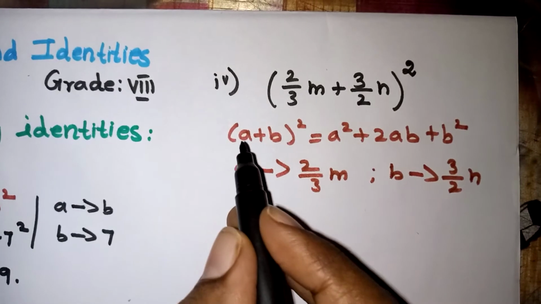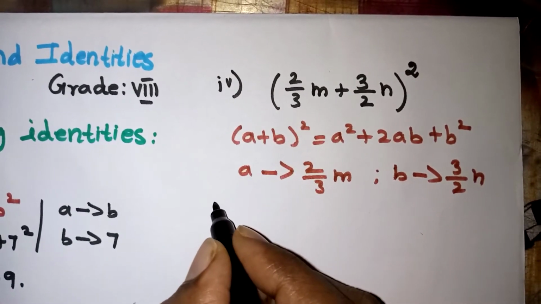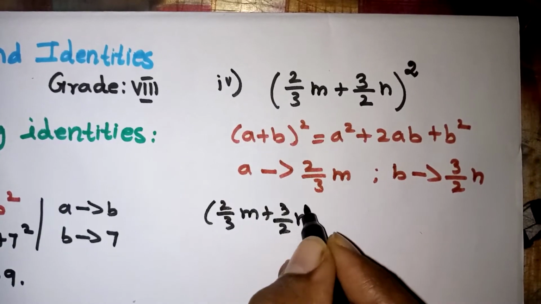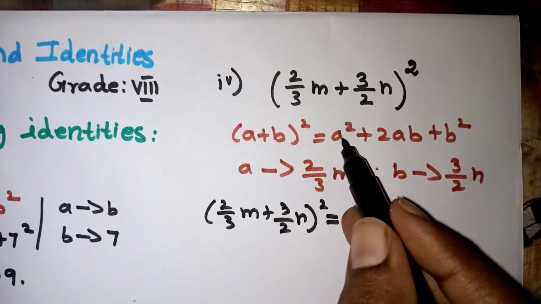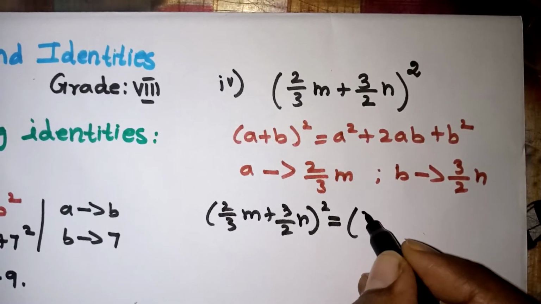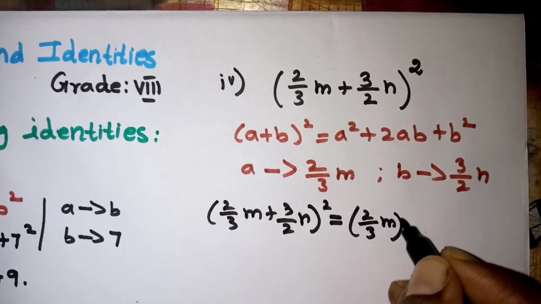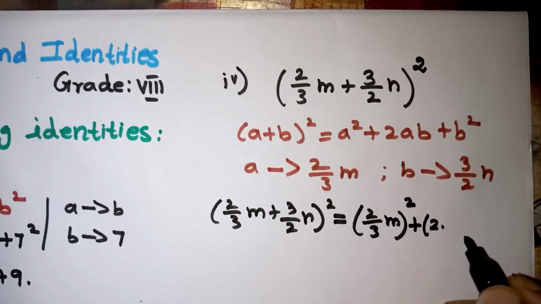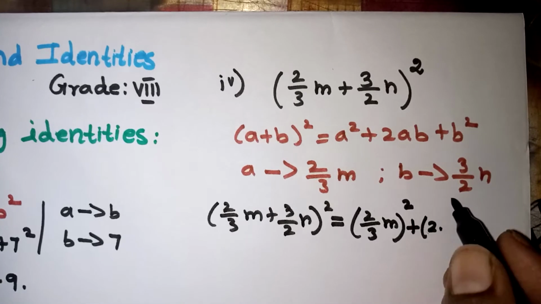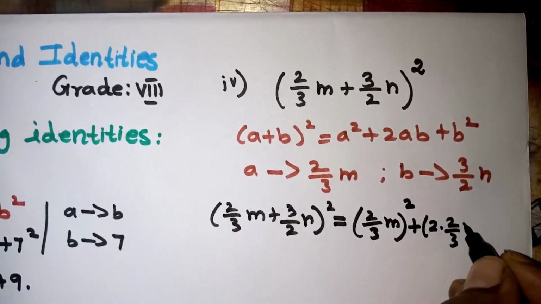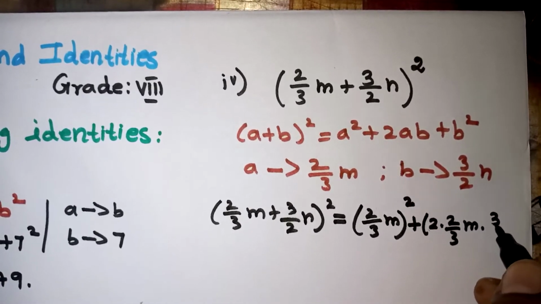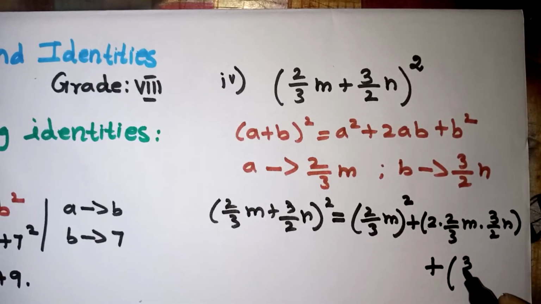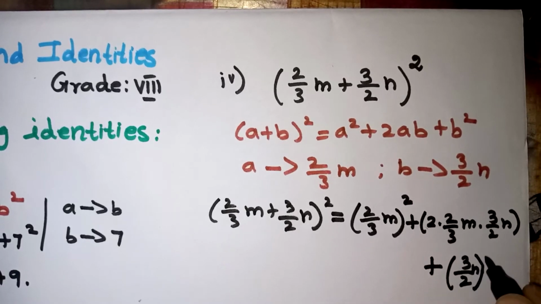In the place of a plus b we have 2 by 3m plus 3 by 2n the whole square equals, first a squared. Here a is (2 by 3m) the whole square, plus 2ab, so plus 2 into a into b, where a is 2 by 3m and b is 3 by 2n, and plus b squared, (3 by 2n) the whole square.